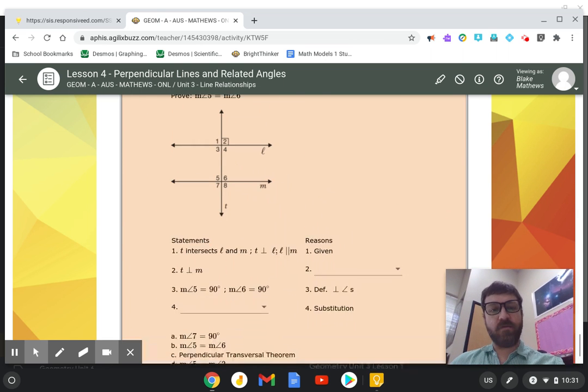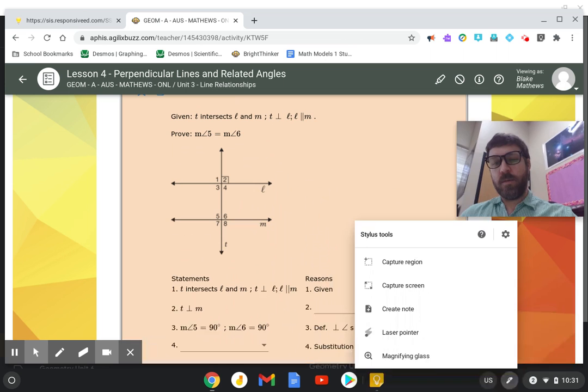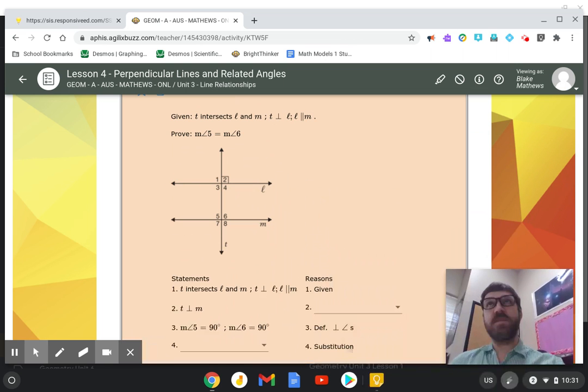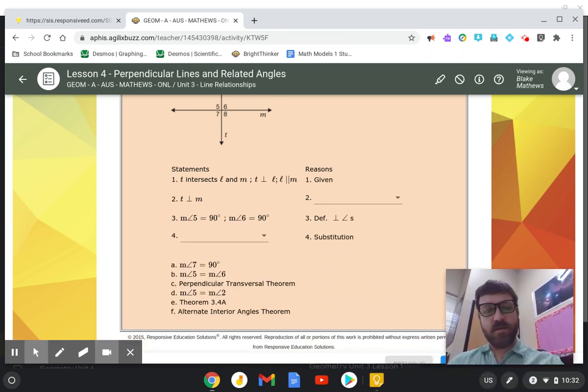Well, that's exactly what we have. We see that L is perpendicular to T, so it also has to be perpendicular to M. So we're going to hop down here and find the perpendicular transversal theorem, answer choice C.